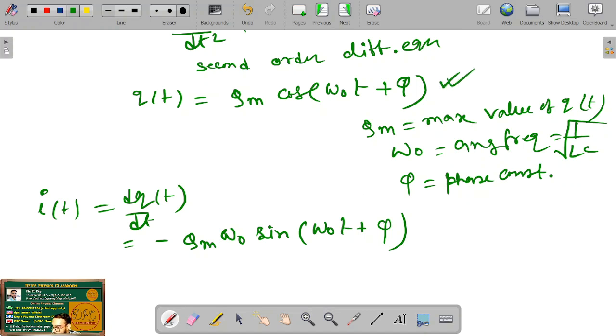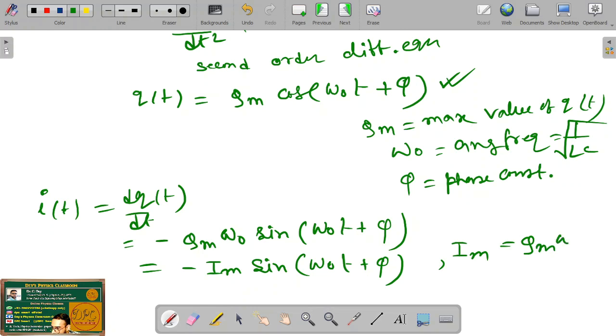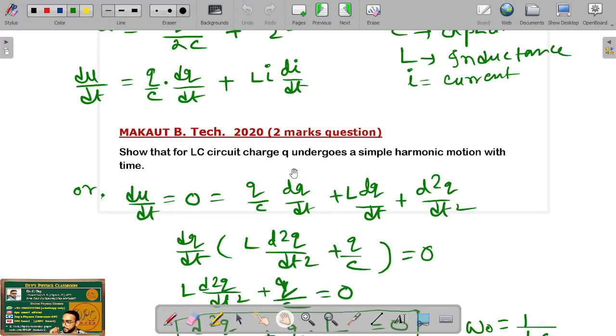If we differentiate this equation, we get the current, or we can write it as minus Im sin(ω0 t plus φ), where Im is Qm into ω0.